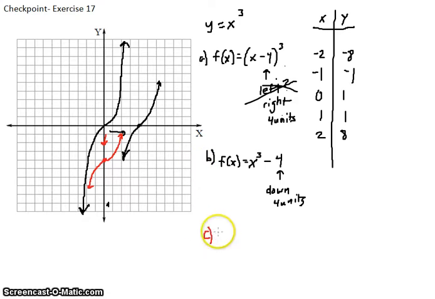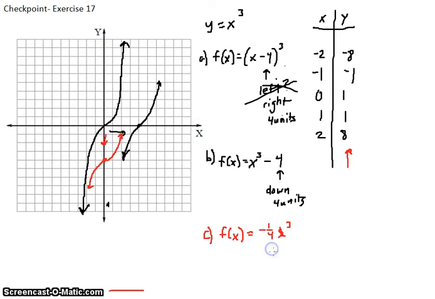For letter C, our function is asking us to cube it and then scale it by negative 1/4. So the question is, what do we do with this negative 1/4? Well, we already have these y values here, so we're going to scale them by a negative 1/4.